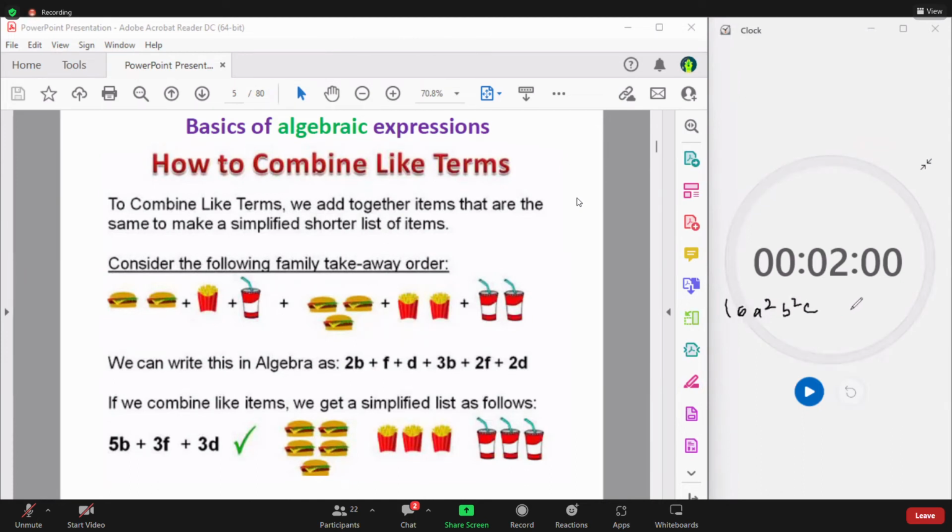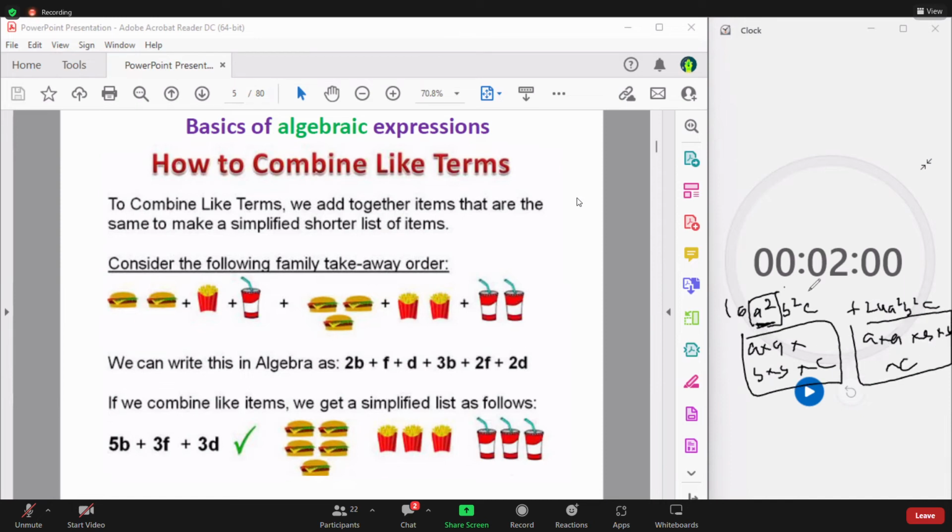However, let's say this is the term and this is the term. Now what happens is the factors are a into a into b into b into c, and similarly a into a into b into b into c. Now the variable factors of both the terms are the same.